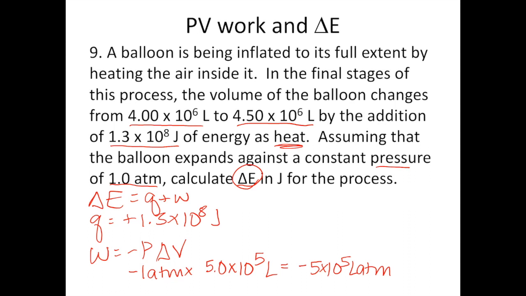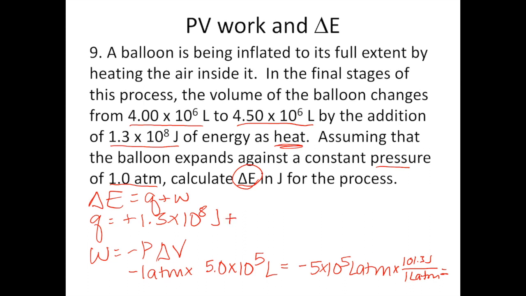So here we go, that's your work. We need to convert it to joules before we can add it. So I'm going to convert with 101.3 joules per 1 liter atmosphere. The number that I get is big, and that's fine.